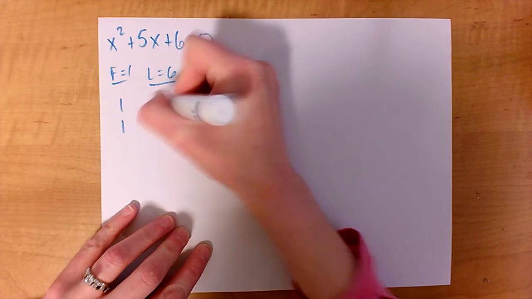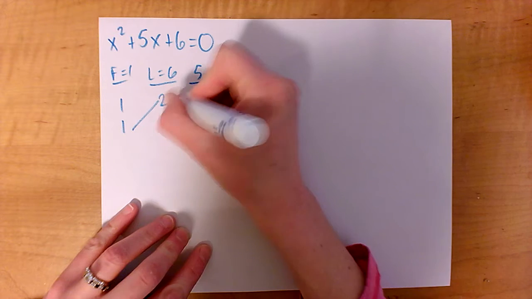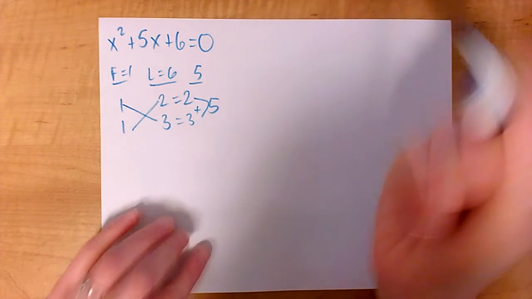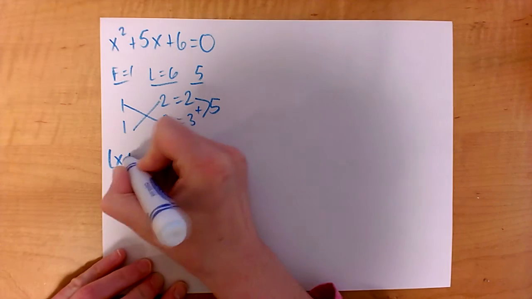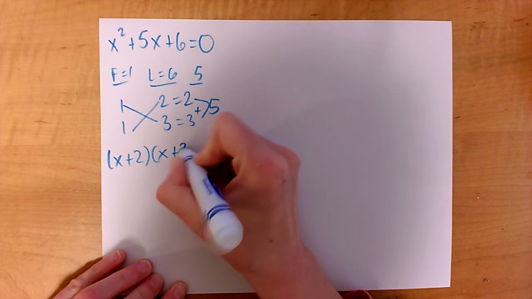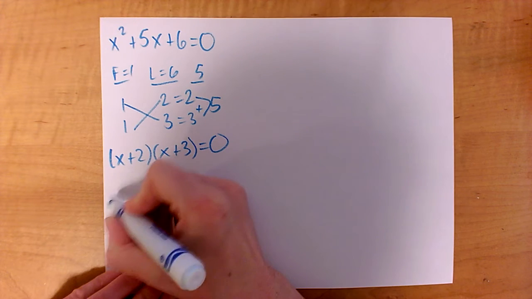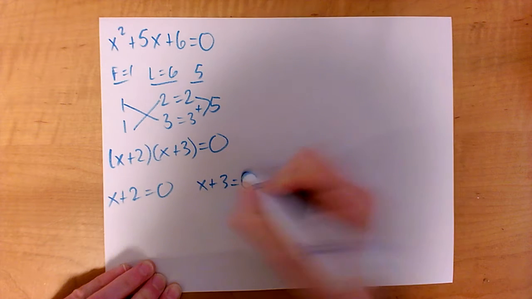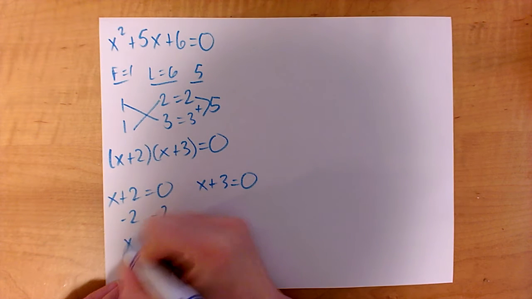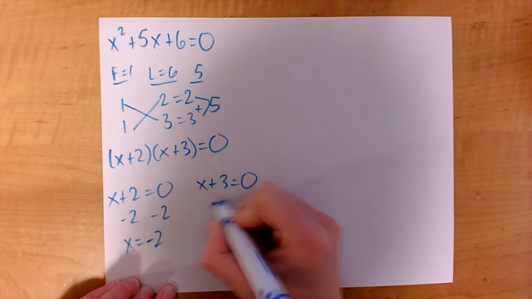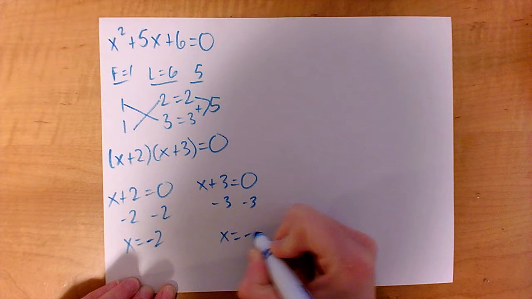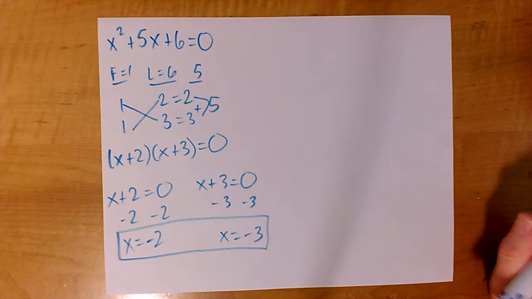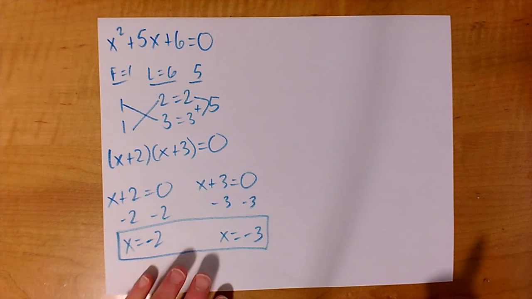You would get 1 and 1, and 2 and 3, and you would cross multiply: 1 times 2 is 2, and 1 times 3 is 3, and then you would add those together and get 5. Then you would have x plus 2 times x plus 3 is 0, and you would separate those to get x plus 2 equals 0 and x plus 3 equals 0. Then you would solve those, and x is negative 2, and x is negative 3. So your two solutions would be negative 2 and negative 3. This is how you would solve a real quadratic.